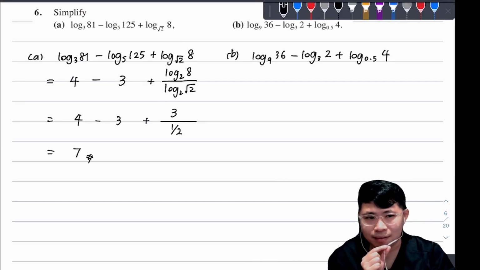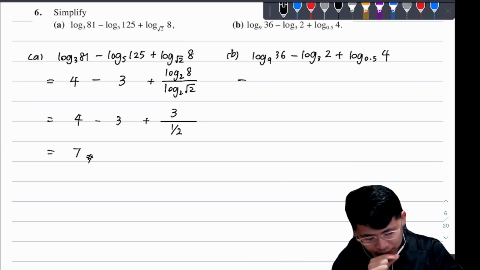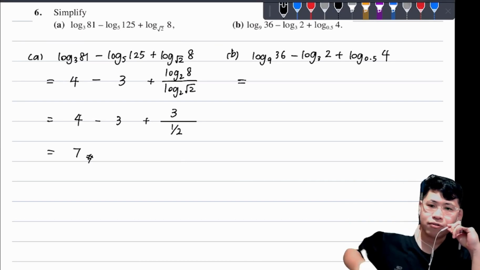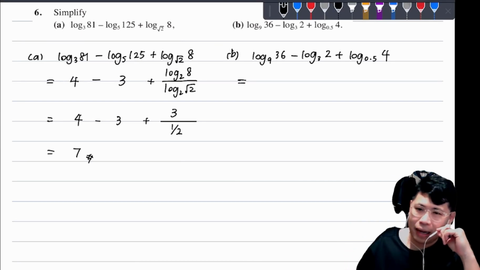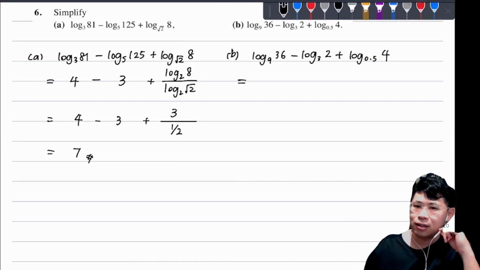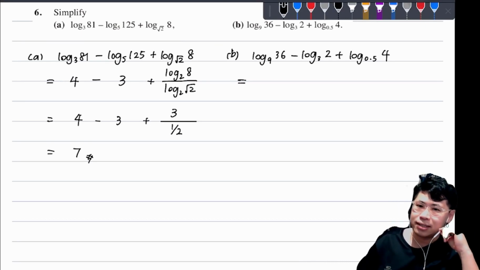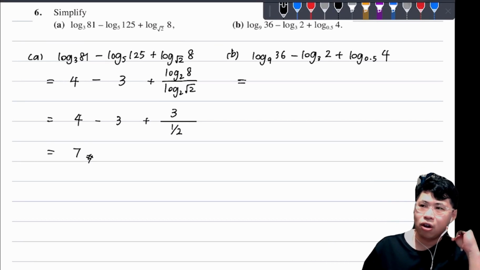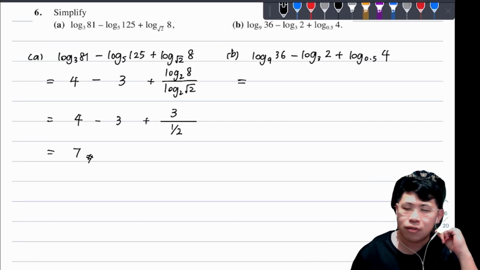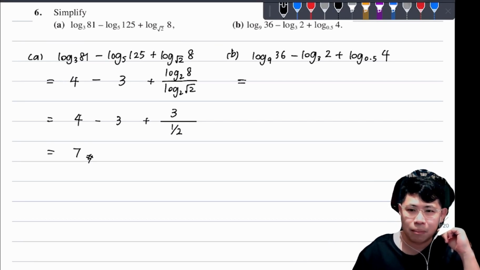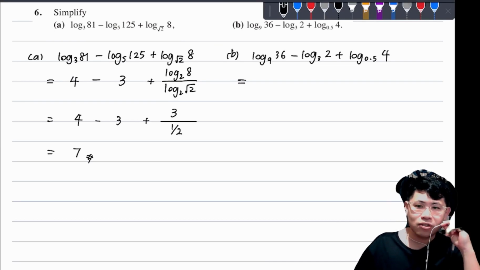Okay, log base 10. Now, if you're using Photomath or some random app, they may tell you that you can write 9 and 36 as 3 squared and 6 squared. But for the laws of logarithm that we've learned so far, we've never done anything with converting the base to a square, but we have done change of base.